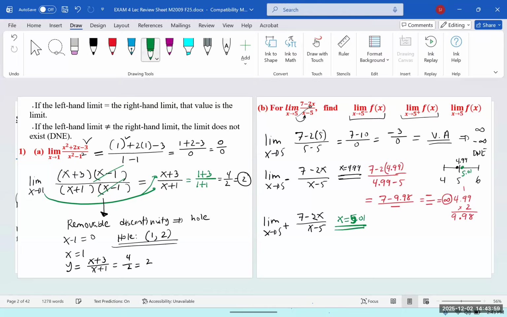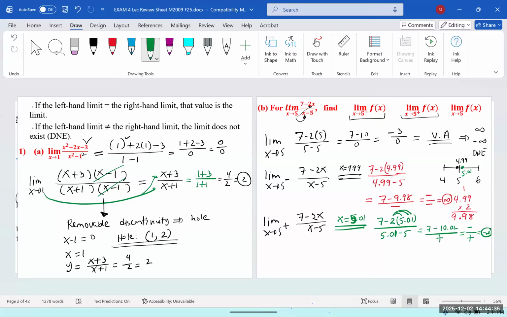We get 7 minus 2 times 5.01 divided by 5.01 minus 5. So this time we get 7 minus 10.02, and then 5.01 minus 5 is positive. So we have negative on the top, positive on the bottom. Our limit is negative infinity.